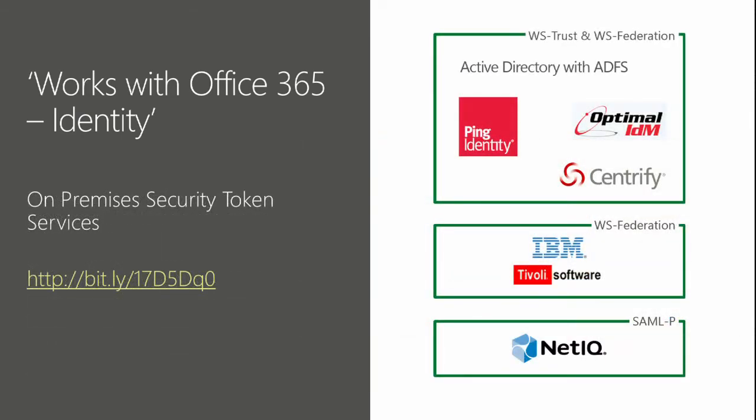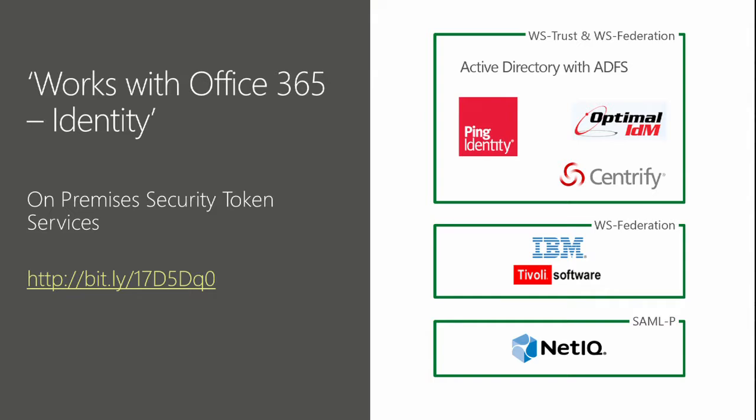These are the companies that are currently in the Works with Office 365 Identity program, and there's a URL with a public web page that can give you some more information about those. You can see I've got three boxes here showing the protocols that each of these support.